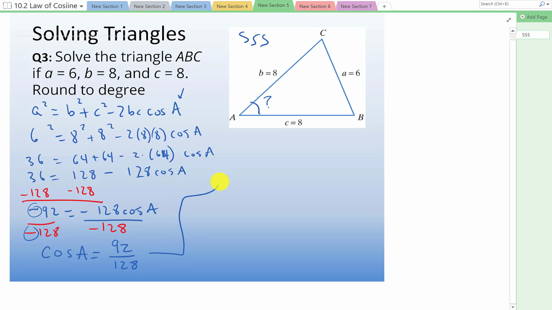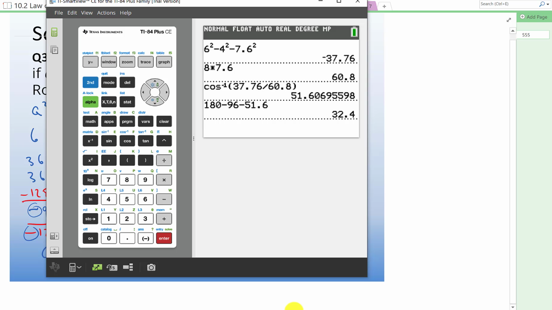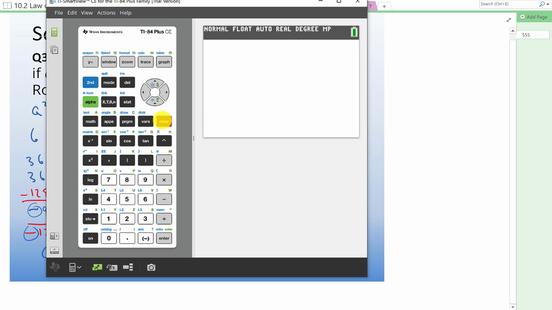So A will equal the cosine inverse of 92 over 128. Let's see what the calculator says.